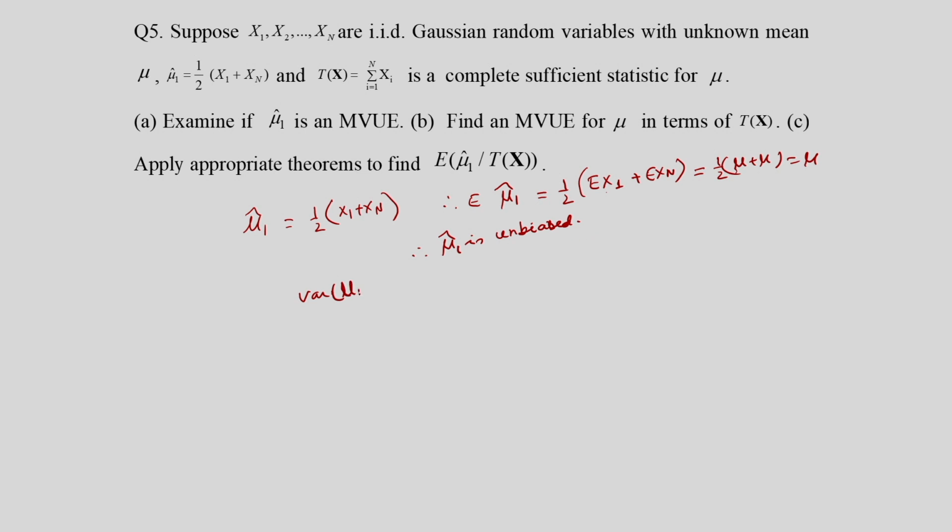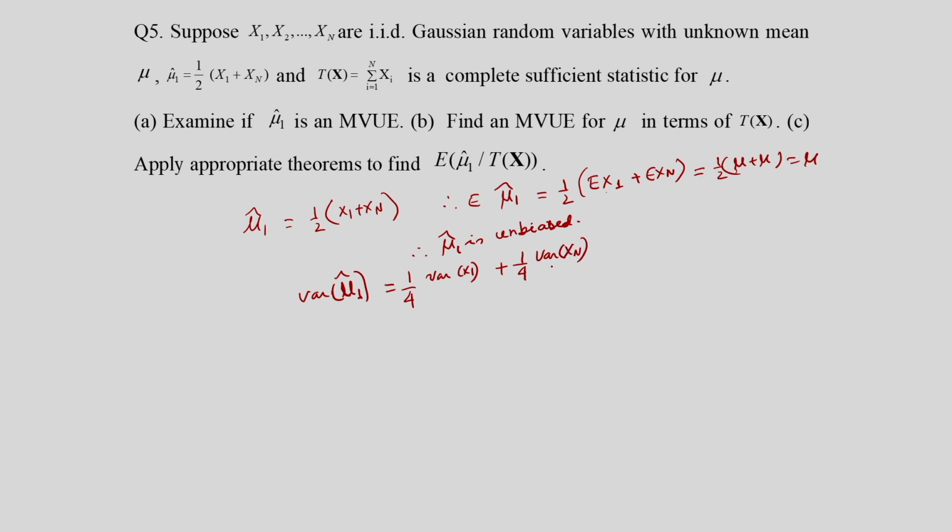Variance of mu1 hat, again these are IID and independent, will be 1 by 4 into variance of x1 plus 1 by 4 into variance of xn.